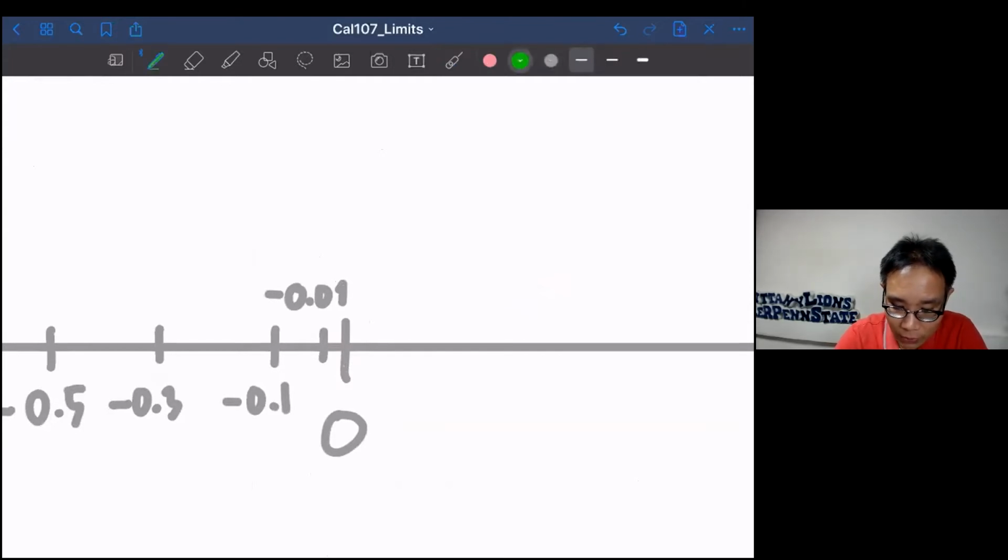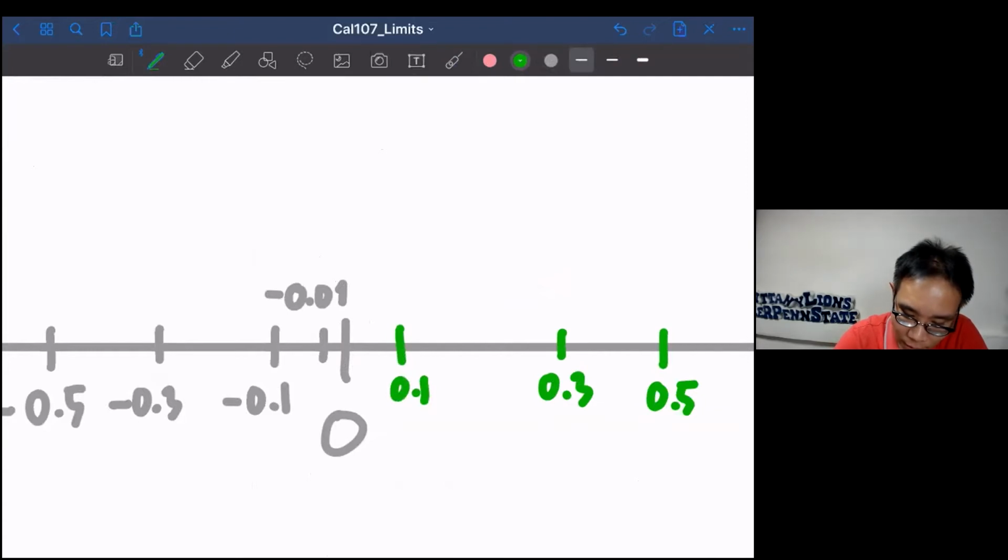Similarly, on the right side, you have 0.5 here, 0.3 here, 0.1 here, and 0.01.